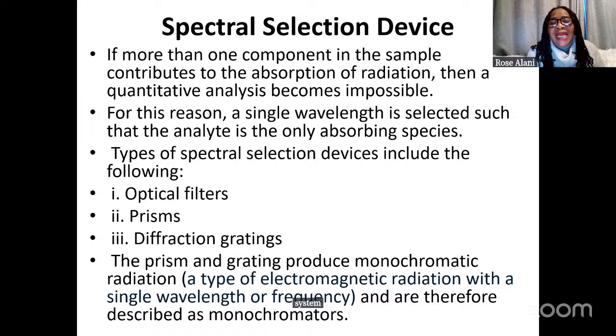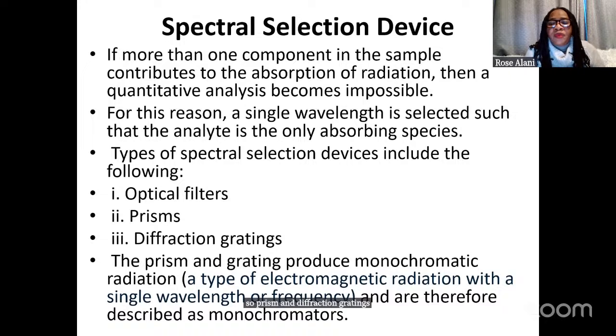We have different types of spectral selection devices. One is optical filters. Another one is prisms. I believe you have been seeing this, if you have not, in CHM 332. So we have optical filters, prisms, and diffraction gratings.